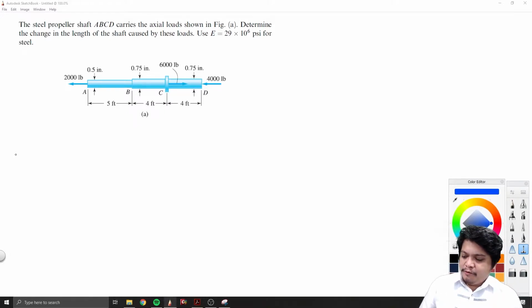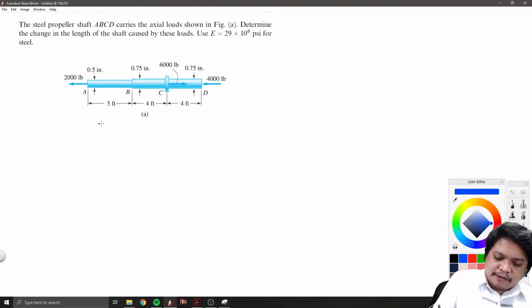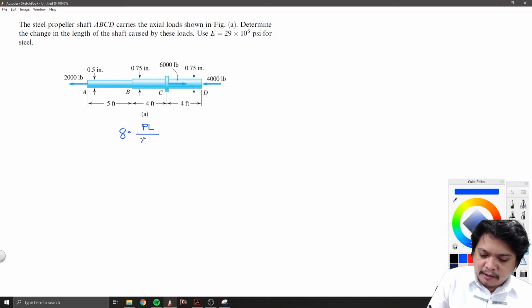Okay. Yung pinaka-deformation natin, by the way, we have a general formula for deformation equals PL all over AE.